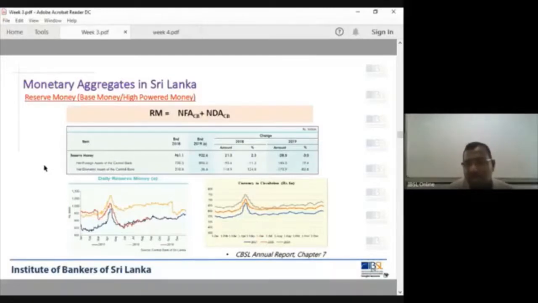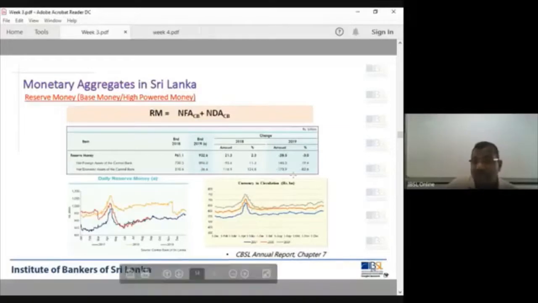And I looked at these two charts last week. First, the currency, because it's the main component of reserve money. And then we looked at movements of reserve money in Sri Lanka every year. And I told you that during the last 2 years there was growth in reserve money, but during last year there was a reduction in reserve money.